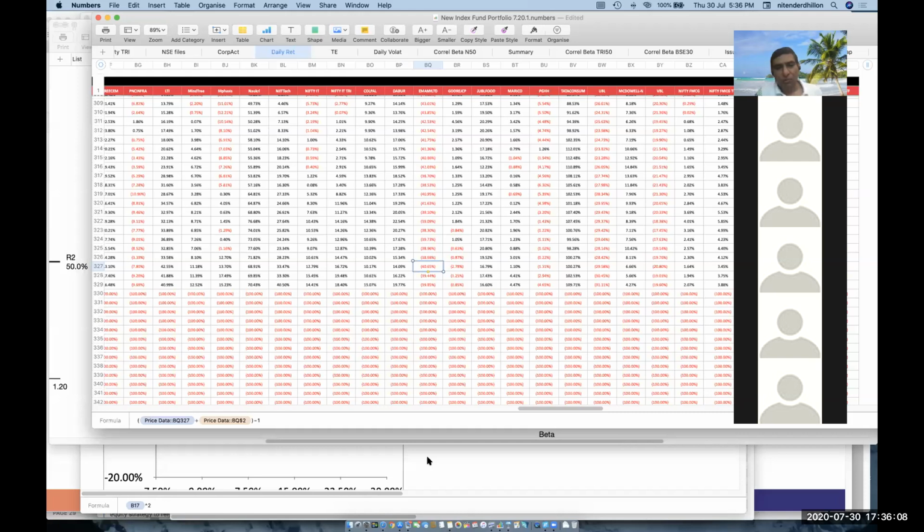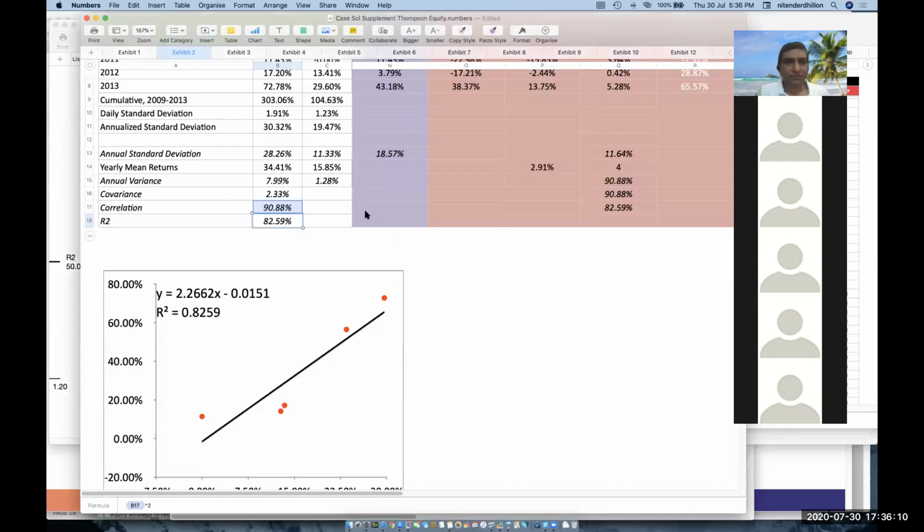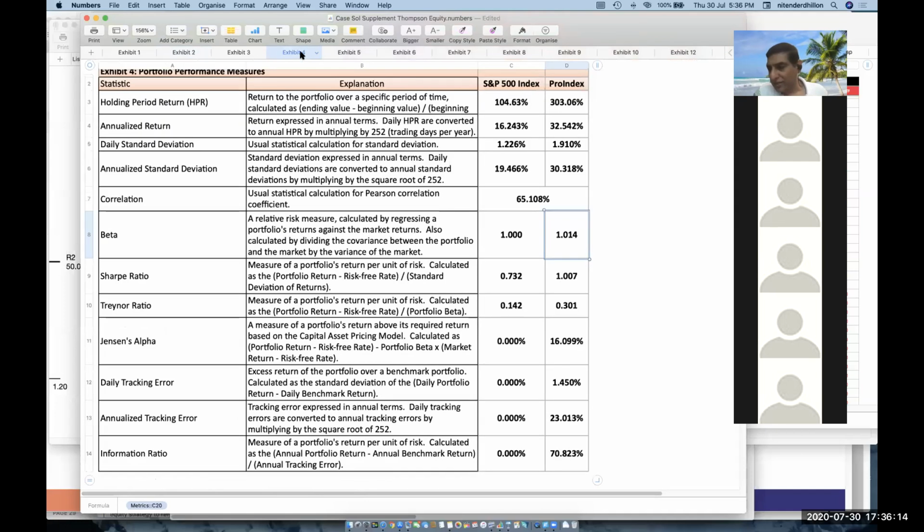Anyway, the point I'm trying to make is, number one, we're trying to figure out what beta is, and in our case, there are stocks with beta less than 1 and stocks with beta more than 1. Beta more than 1 is aggressive. Beta less than 1 would be defensive stocks. Typically, in the Indian context, the defensive stocks would be the IT, pharma, and FMCG stocks.